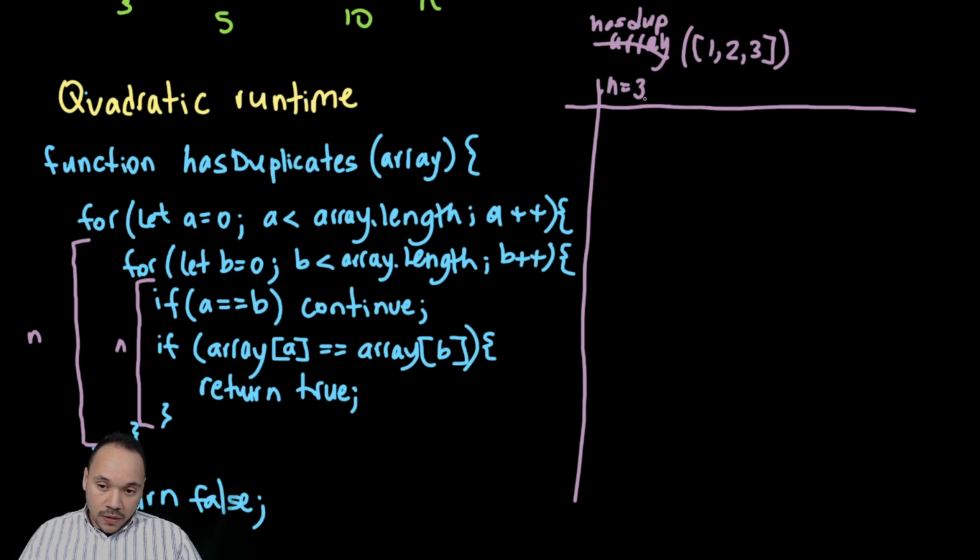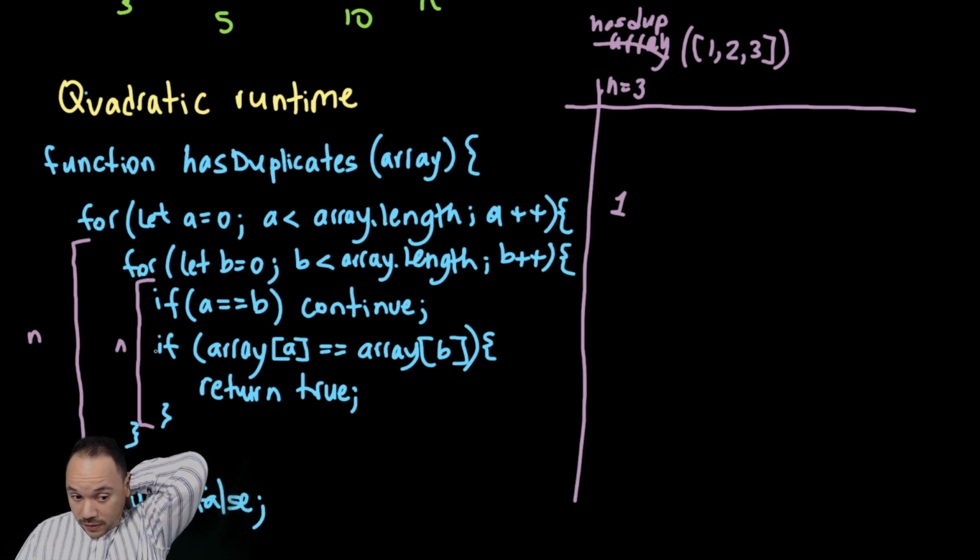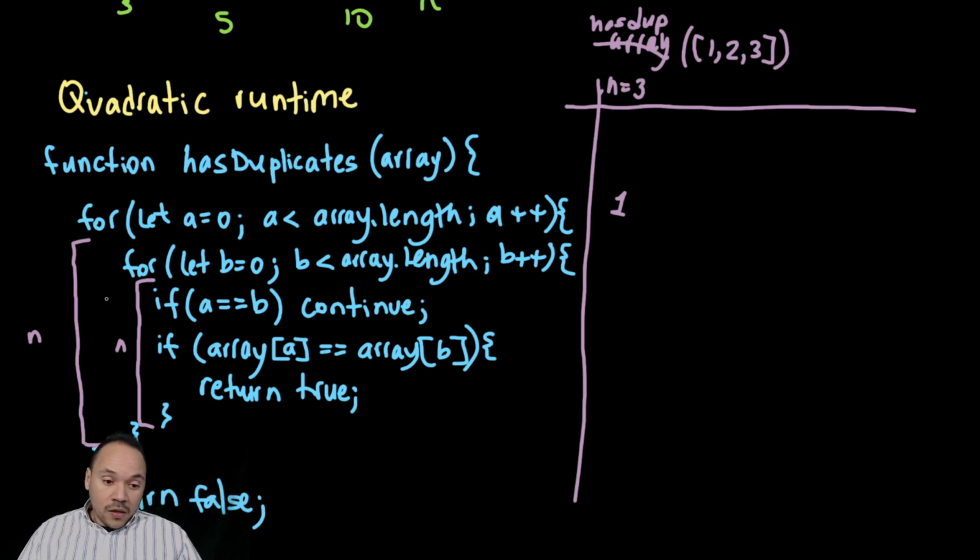So let's say we have 3 for this case. This will be initialized and then it will run. So let's say initialization is 1, and then this whole block in here is going to be executed 3 times, but this one inside it is going to be multiplied, because it's going to do 0 on A and 0 on B, right?